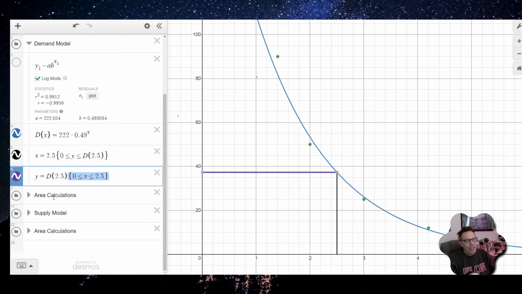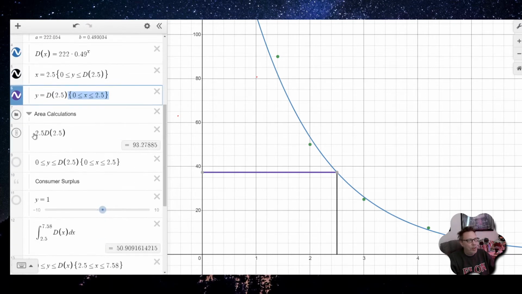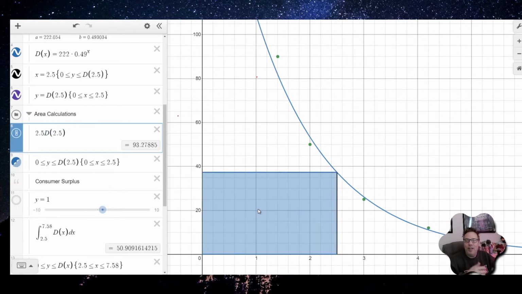So that's where this little area calculation comes in. I'm going to take the 2.5, that's my width, the height is d of 2.5, and I get about $93.30. This is a fancy way to get my area, and there's the area of that rectangle.